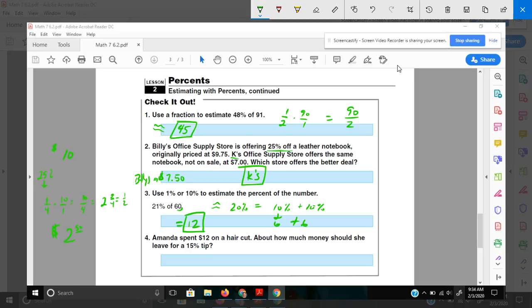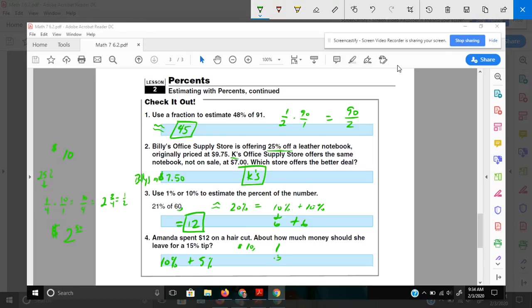And last one, Amanda spent $12 on a haircut. How much money should she leave for a 15% tip? So again, think of 15% as 10% plus 5%. And if you rounded 12%, or $12, to $10, okay, 10% of 10 would be 1, and 5% would be half of that.